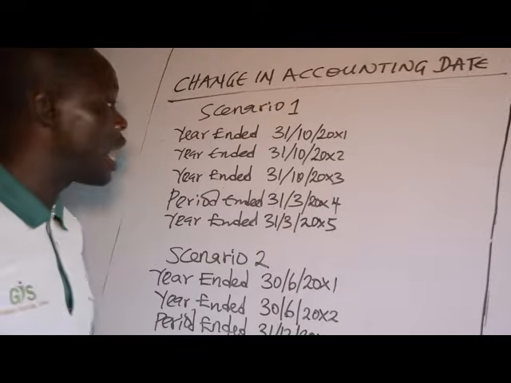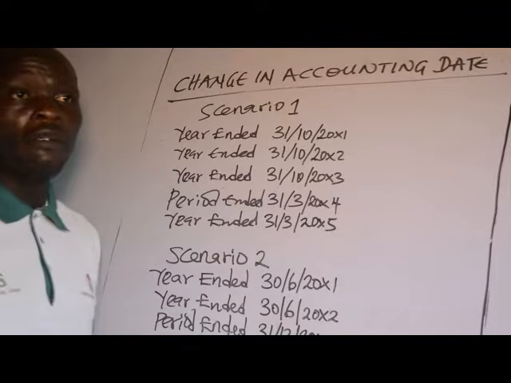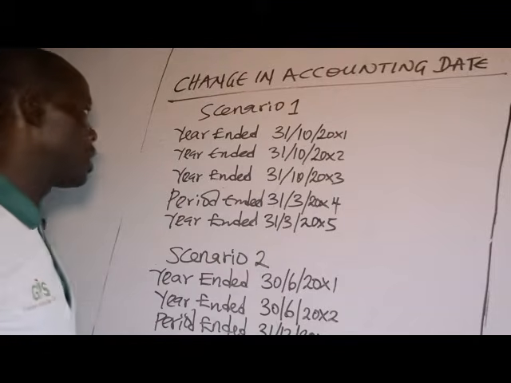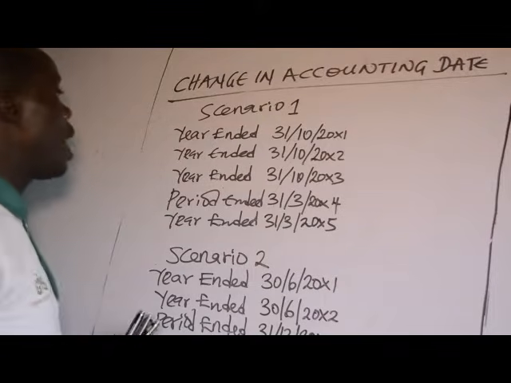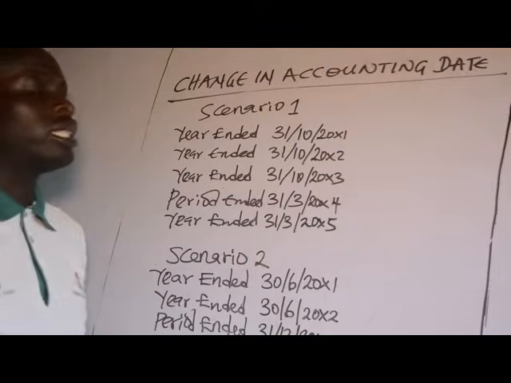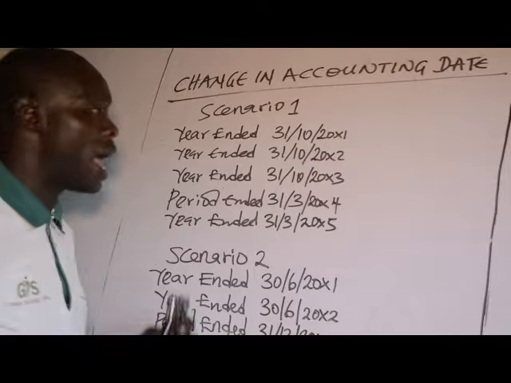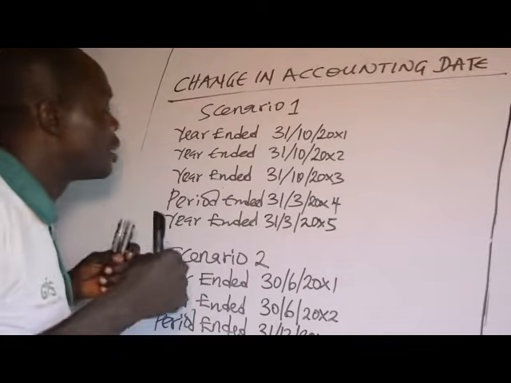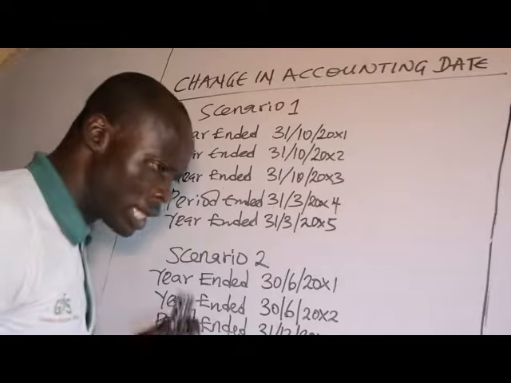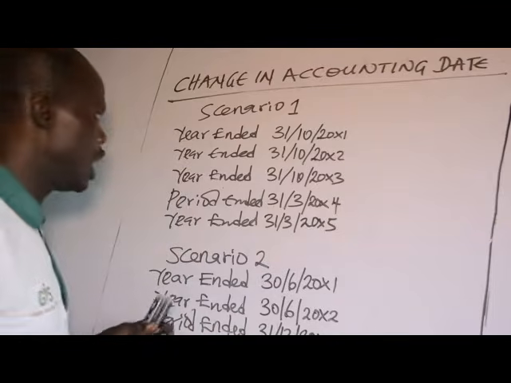Remember, the principle involved is the consistency principle. Once the accounting year end has been chosen by the organization, that year end must be followed consistently from year to year.